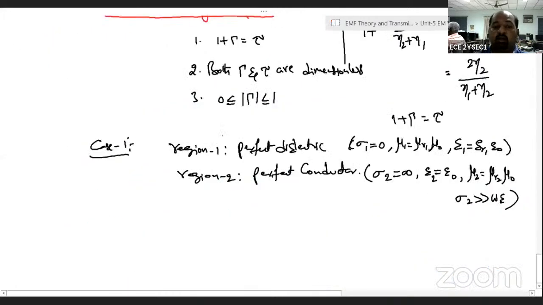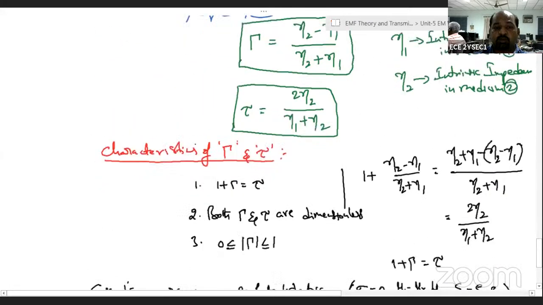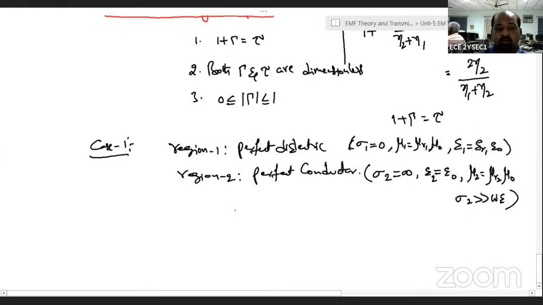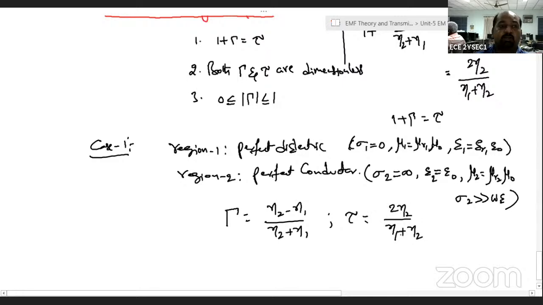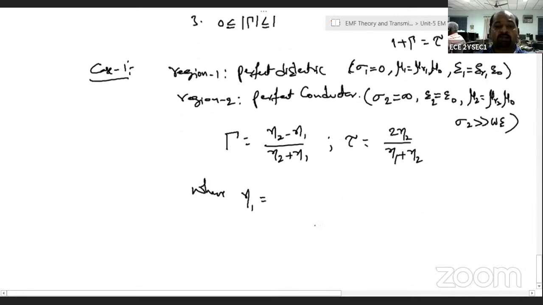Right? And now reflection coefficient and transmission coefficient. What is reflection coefficient? It is equal to eta 2 minus eta 1 by eta 2 plus eta 1, and transmission coefficient is 2 eta 2 by eta 1 plus eta 2. Right? So these are the coefficients, where what is eta 1? Eta 1 is intrinsic impedance, right?